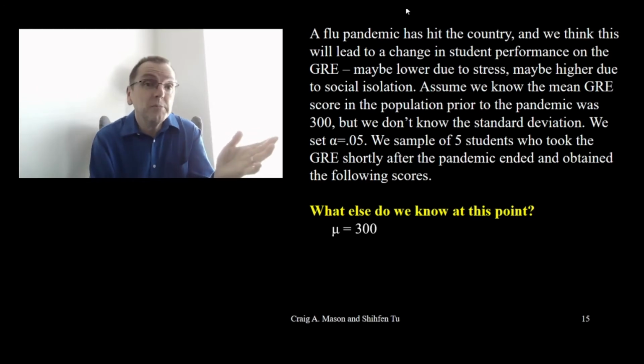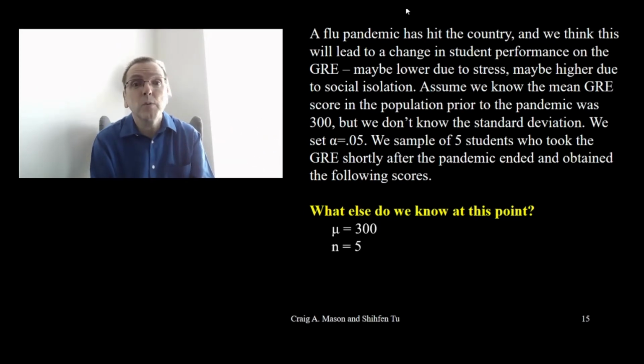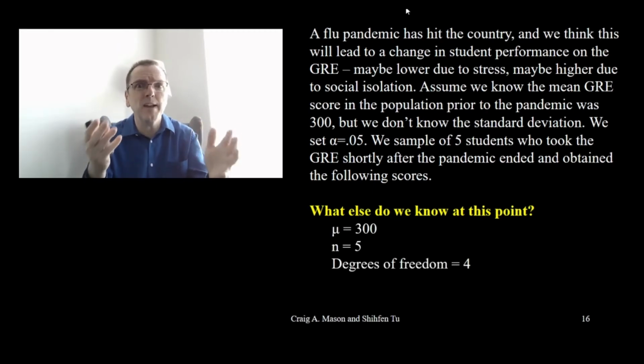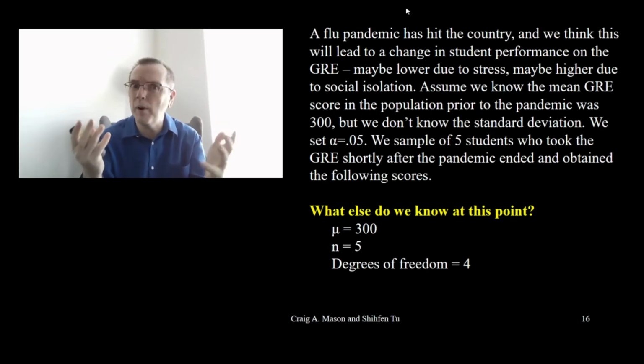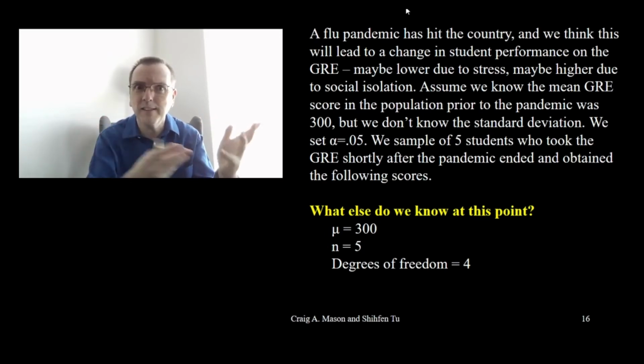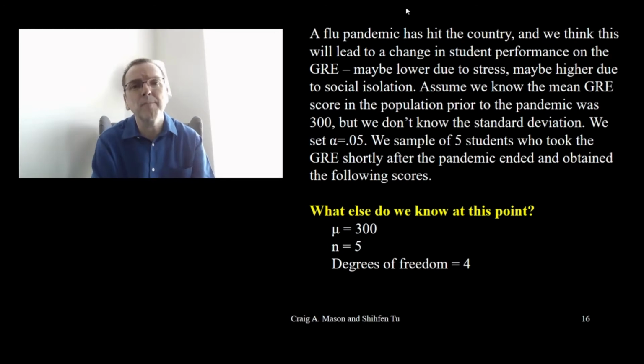We also know our sample size, n, is equal to 5, which also means that our degrees of freedom for a one-sample t-test is equal to 4. Correct, right? Remember, that's n minus 1. The degrees of freedom for the one-sample t-test is the sample size minus 1, right?